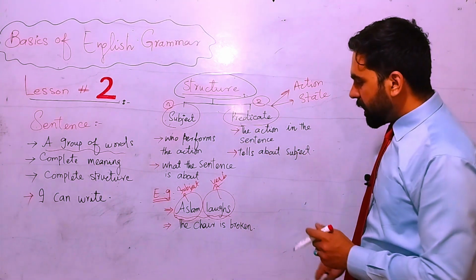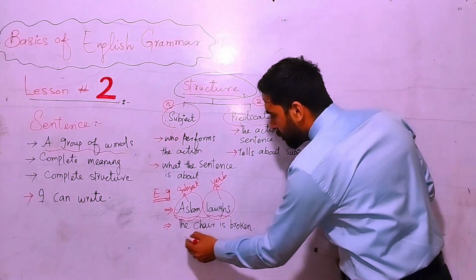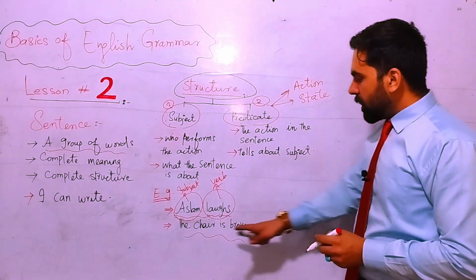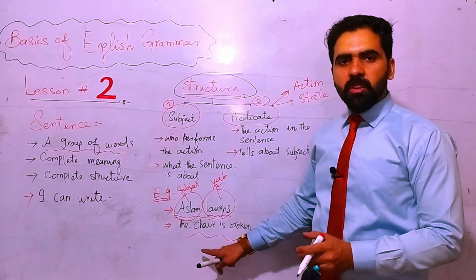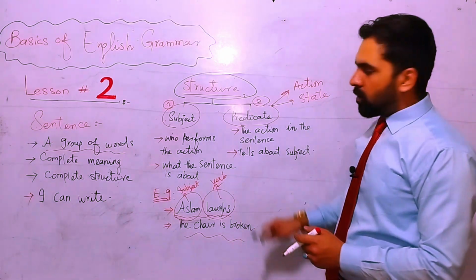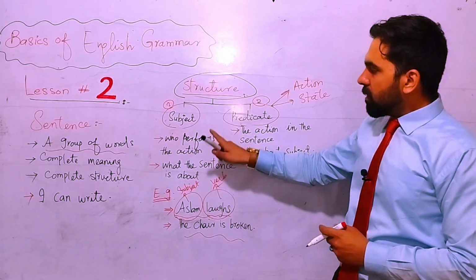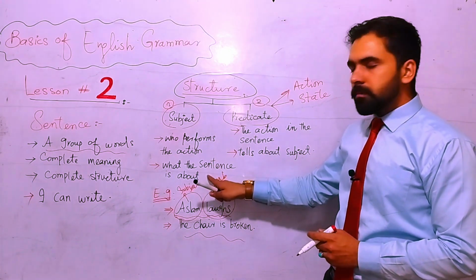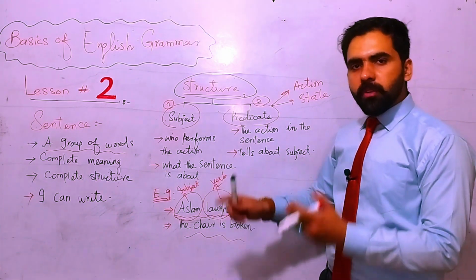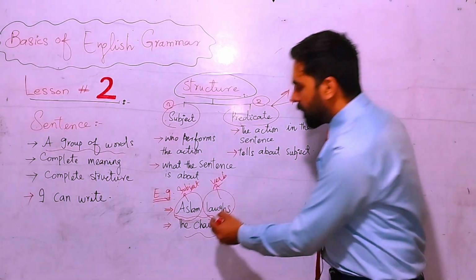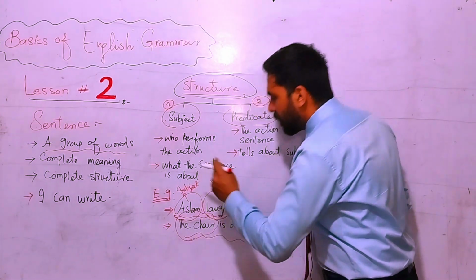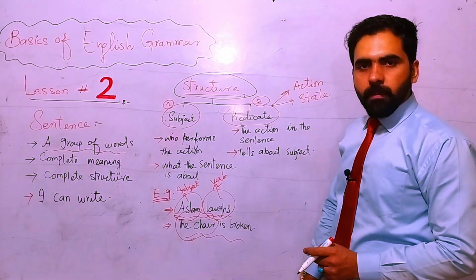Look at the second sentence. The chair is broken. Now, the chair cannot perform an action, and it is not performing an action here. So, we have also talked about how the subject is the one about which the sentence is written. Now, the chair is the thing about which the sentence is.